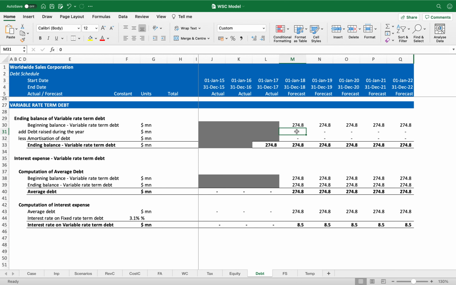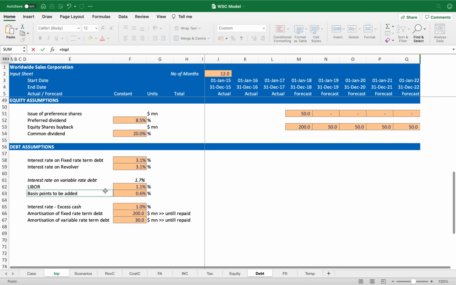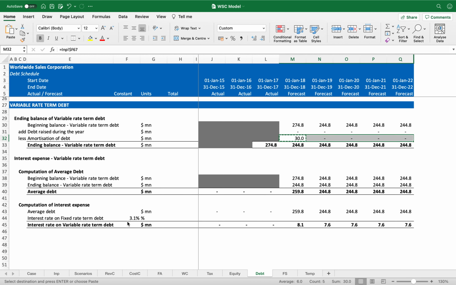Do we have any information for the debt raised? No. Do we have any information for amortization? Yes. $30 million per year. 30 million per year. So now that's it.